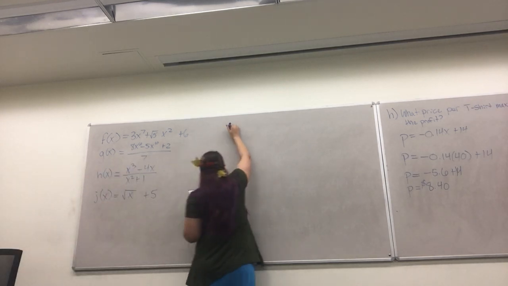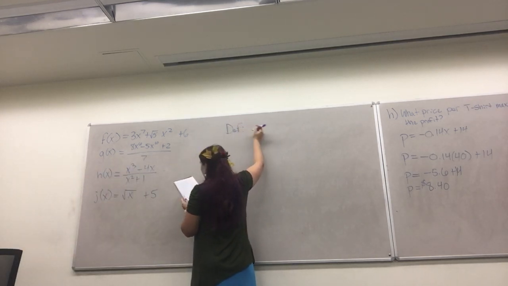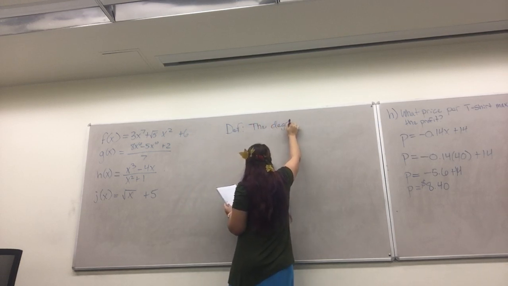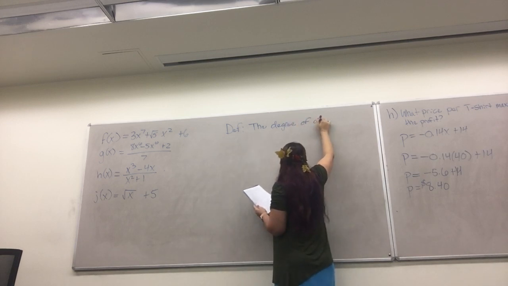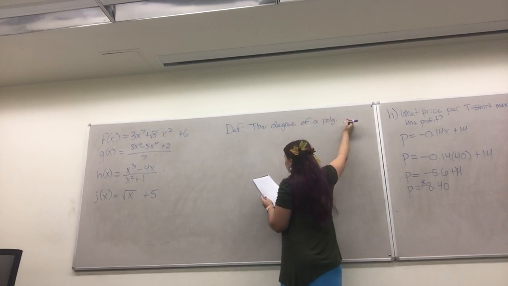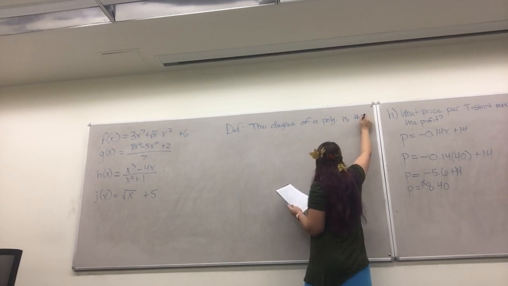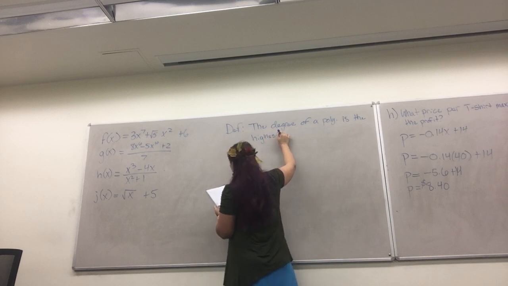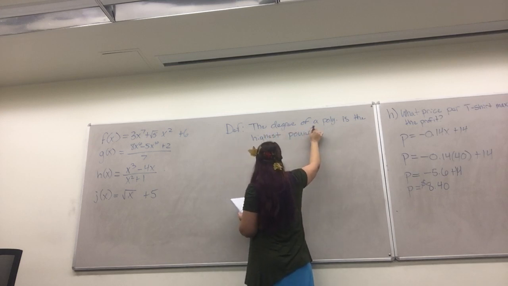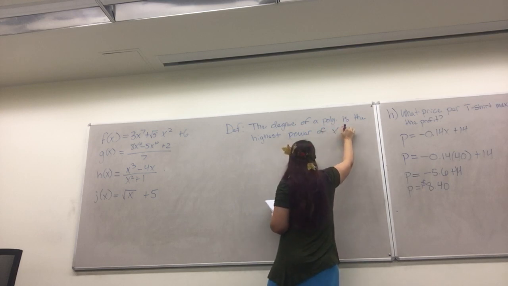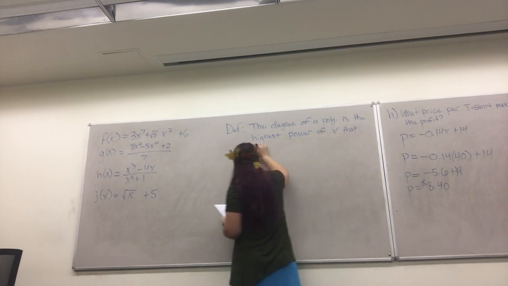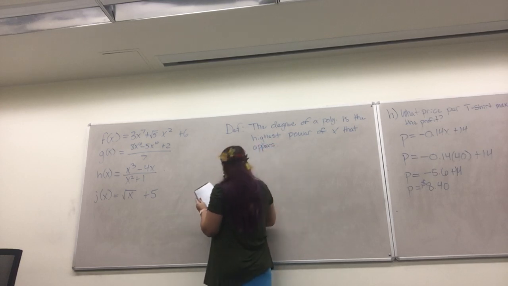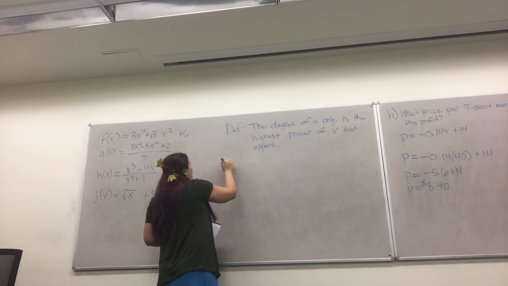So now we have some definitions. The degree of a polynomial is the highest power of x that appears. And then we have some more.